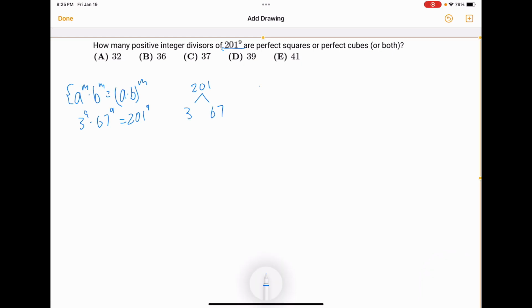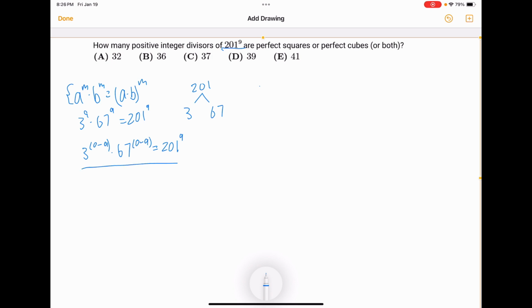In this problem, it is also important to realize that the exponents of 3 and 67 can be any number as long as it is in the range of 0 to 9. So any exponent in the range of 0 to 9 for 3 and 67 will always give you a result that is a factor of 201 to the 9th power.